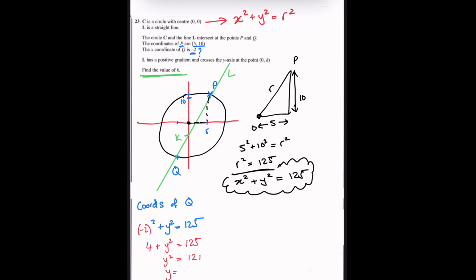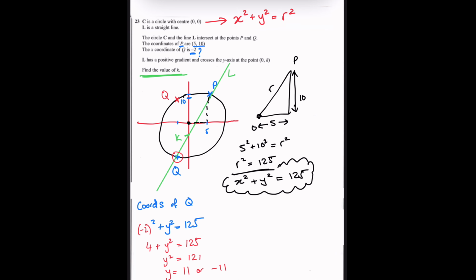So y must be 11. Okay, or it could also be -11. Okay, why is Q 11 or -11? Because Q can be here, or Q can also be here. Okay, so the y value is not certain. It's either 11 or -11.